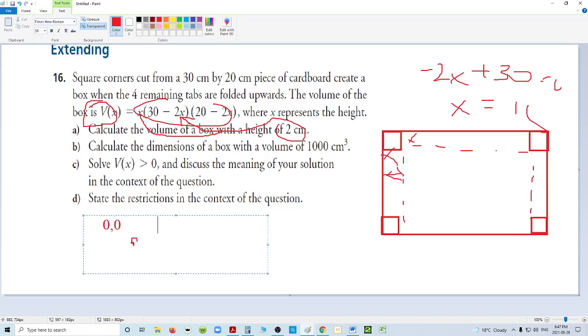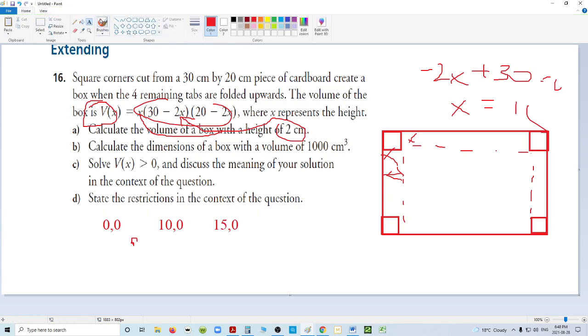It's going to go through -2x plus 10. It's going to go through 10, 0, and it's going to go through 15, 0. It's also got positive leading coefficient. It's a cubic. So it's going to go up, down like that, and up.